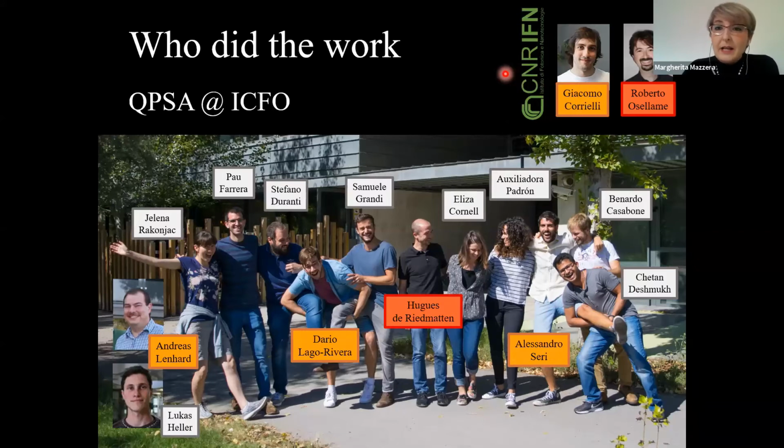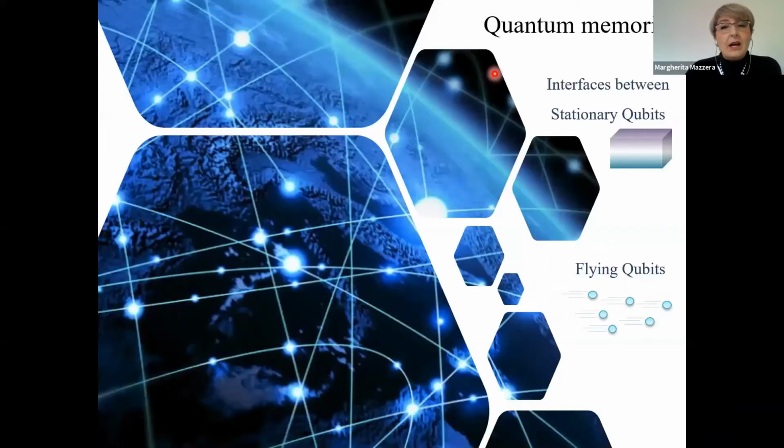We have seen earlier in this conference how quantum memories are fundamental building blocks for quantum communication and quantum computation protocols, because they act as interfaces between stationary and flying qubits.